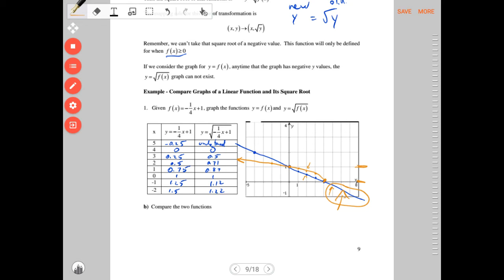Down here though, the orange graph is lower than the blue graph because the square root of, say, even if we go all the way up to 4, is 2. So comparing the two functions, there's the part that doesn't exist. For the first little bit, the square root graph is higher, and then the square root graph will be lower for the rest of it.